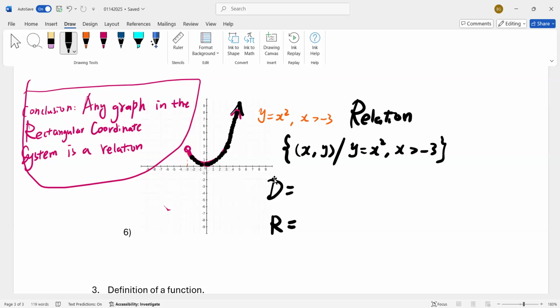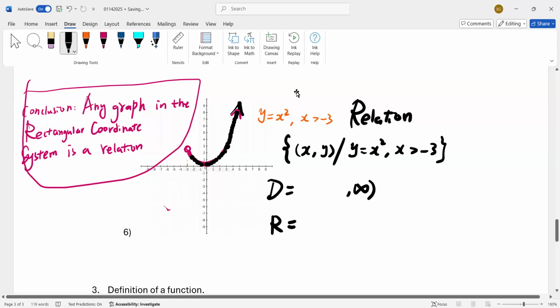Does the graph have a boundary from the right? Let's do one at a time. Does the graph have a boundary from the right? No. You're right. Perfect. It doesn't, because it goes to infinity, right? So the right endpoint of the interval is going to be infinity because this curve goes to infinity to the right. What about the left?